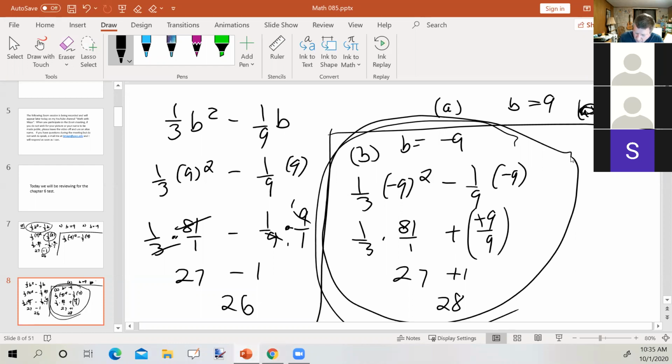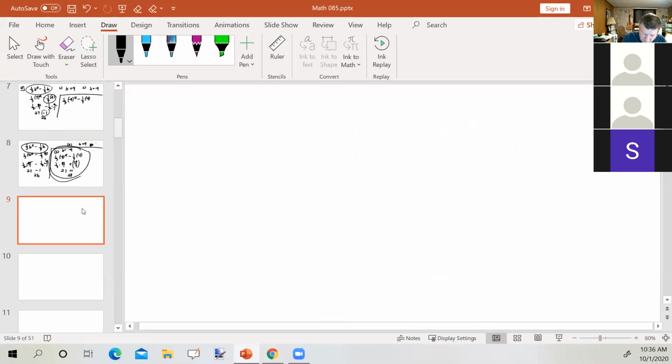So we've got this same original expression, okay? 1/3 b squared minus 1/9 b. Roger, you there? Yes. Okay, so 1/3 b squared minus 1/9 b.